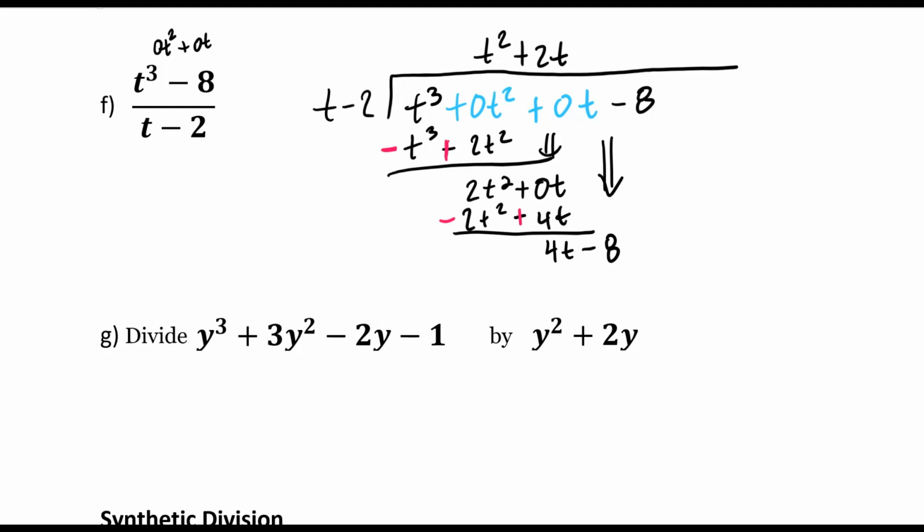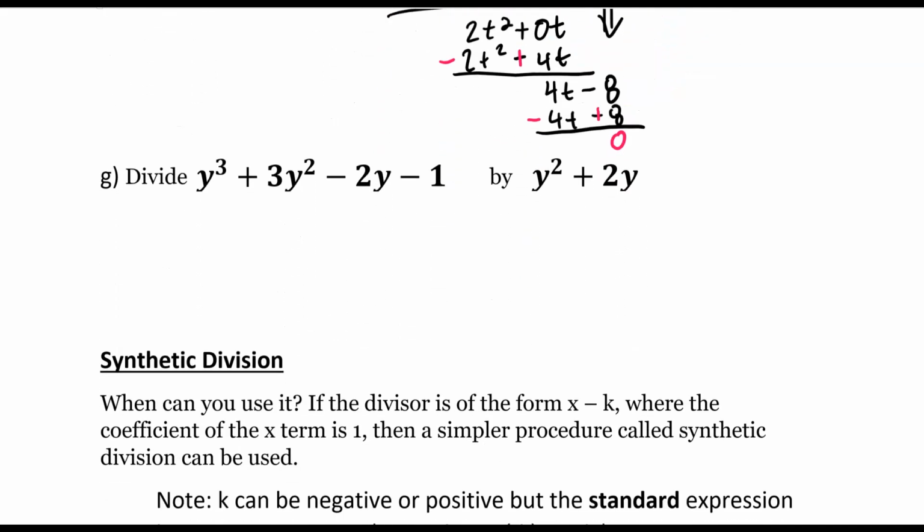T times what is 4t? Positive 4. 4 times t minus 2 is 4t minus 8. Change the signs. And you get a 0 remainder. So your answer is t squared plus 2t plus 4. Let's move on to the next one.